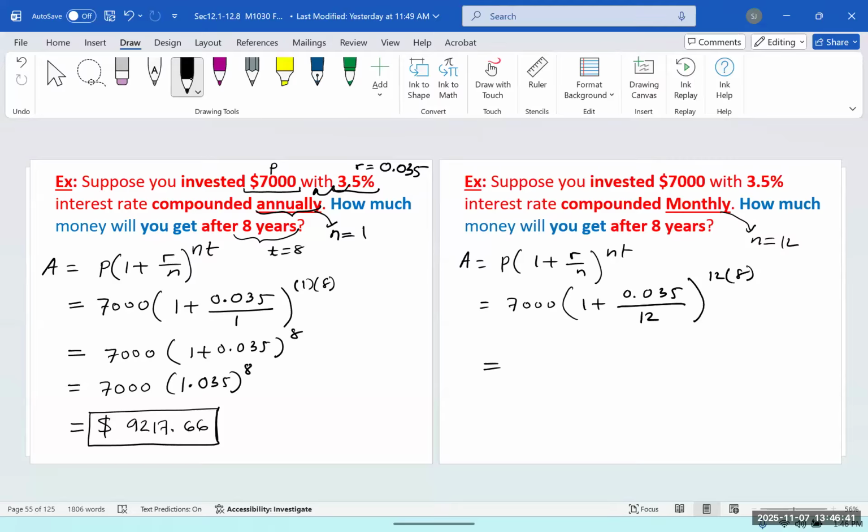So go ahead. And if you want, instead of 12 times 8, you can simply write their product. Do you know what is 12 times 8? 96. So if you know it's 96, just punch 96. If you don't know, then for the power, you have to put a parenthesis.